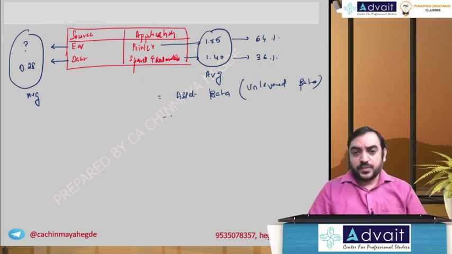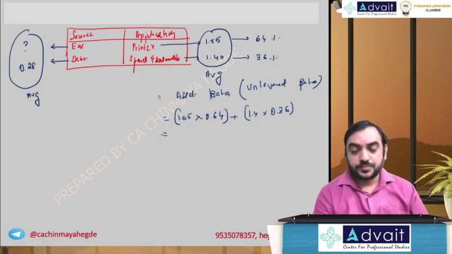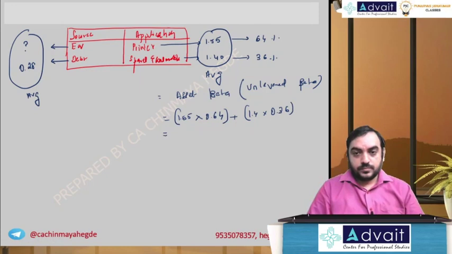Weighted average, very simple: 1.55 multiplied by its weight, 0.64, plus 1.4 multiplied by its weight, 0.36, which will get you 1.496.